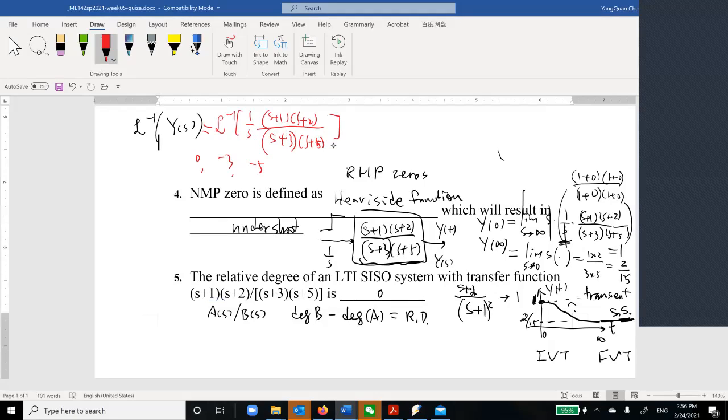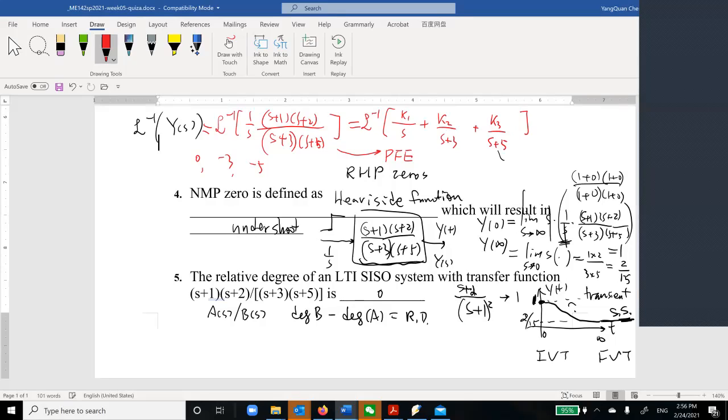So what you do here is a step that you should practice. It's called partial fraction expansion. Basically you write this into different terms: K1 over s, plus K2 over s plus 3, and plus K3 over s plus 5.